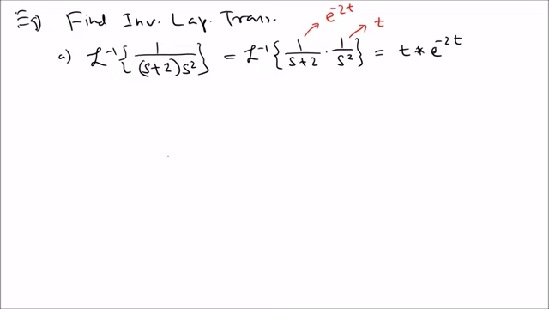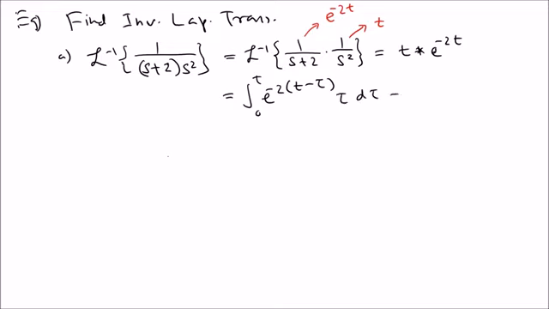Now we can use the definition and try to find it. The question is which one we're going to put t minus tau in. When you have an exponential function, it's always a nice idea to put the t minus tau in the exponential function. So it's the integral from 0 to t of e to the negative 2 times (t minus tau), and the other one just becomes tau, d tau.